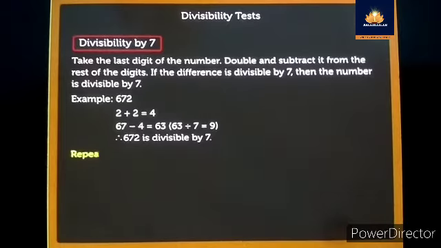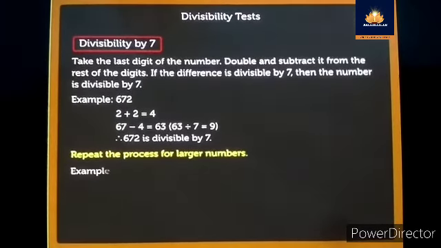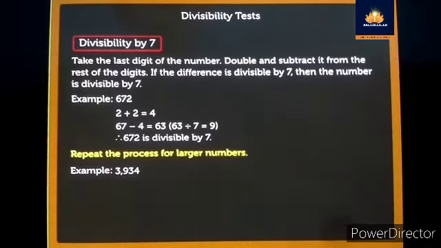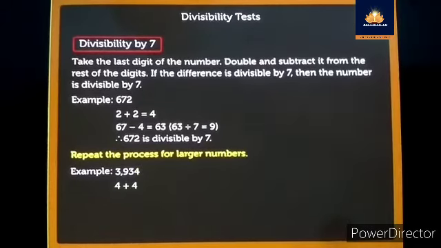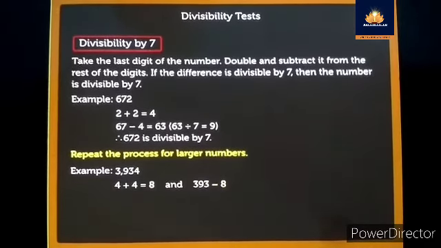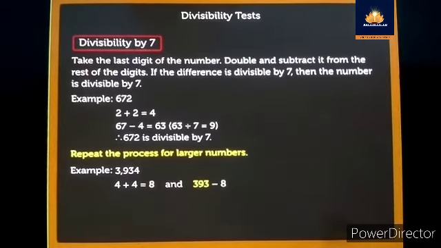Kids, repeat the process for larger numbers. Example, 3,934. Double the last digit. Subtract it from the remaining digits.